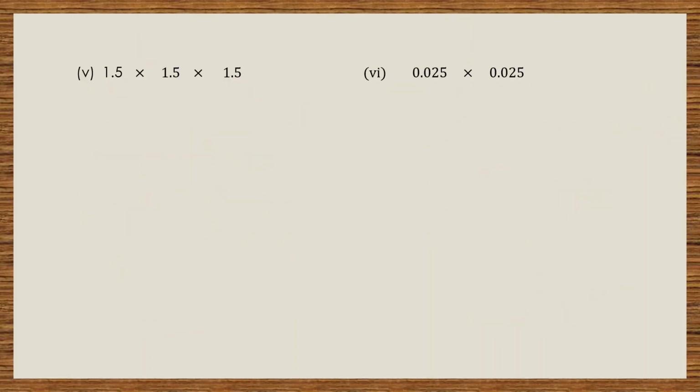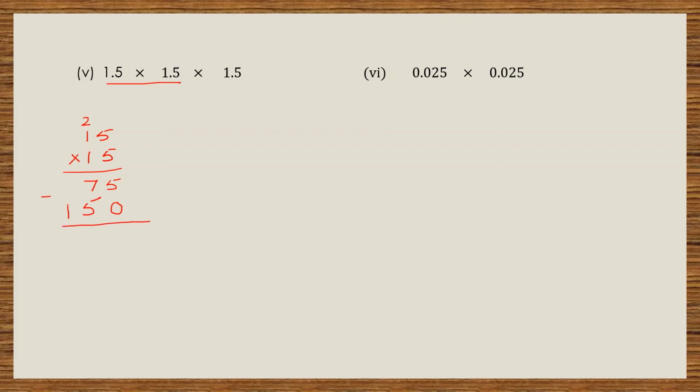Question 5. 1.5 into 1.5 into 1.5. Let's take the first two numbers. So that becomes 15 into 15. 5 5s are 25, carry 2. 5 1s are 5, 6, 7. Second step. 1 5 is 5, 1 1 is 1.